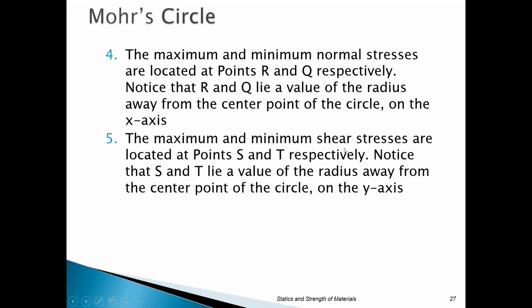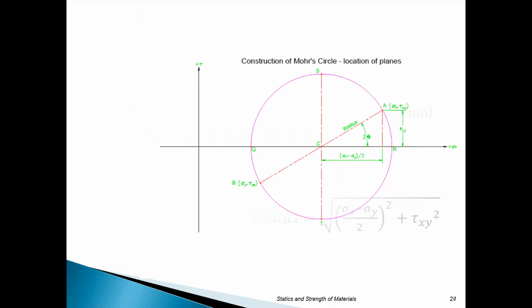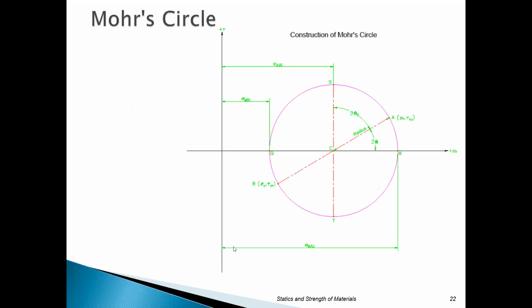And then your maximum shear stresses are located at those S and T points, and those are going to be a radius away. So if I go back, let me go back to this diagram real quick. Okay, so what I'm saying here is this is your maximum normal stress, R and Q minimum.